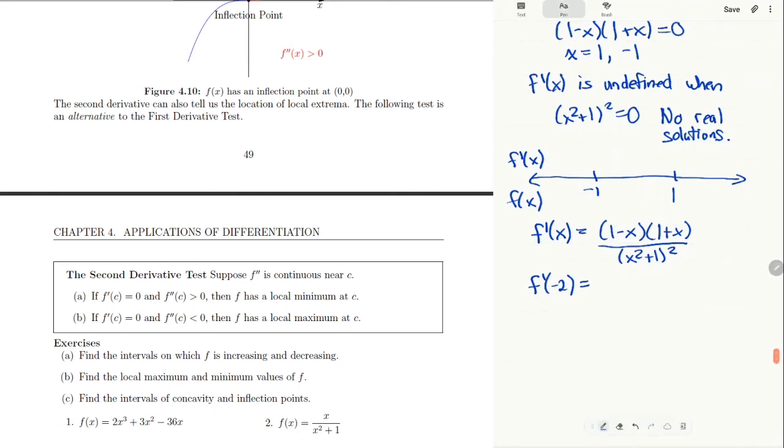So we have a positive number multiplied by 1 plus x, and since x is negative 2, we'll have a negative number.